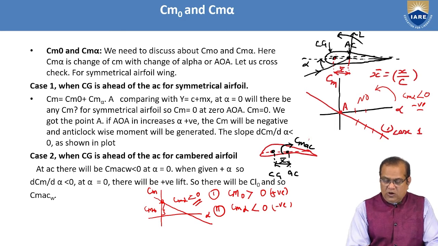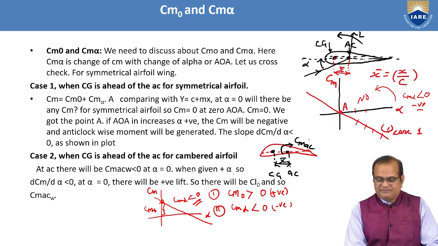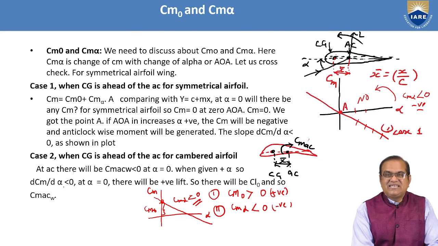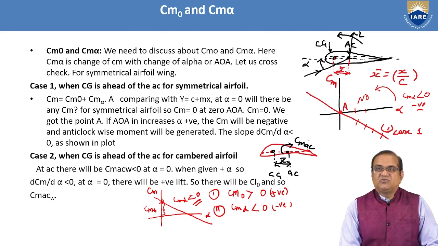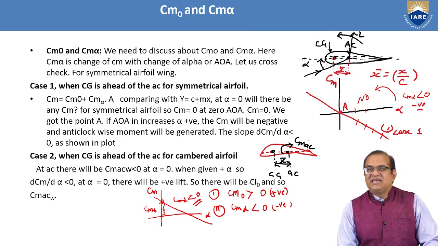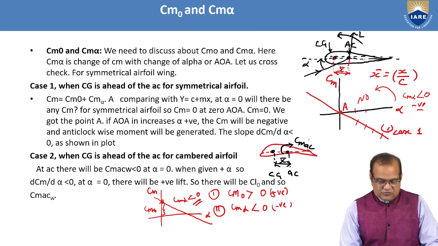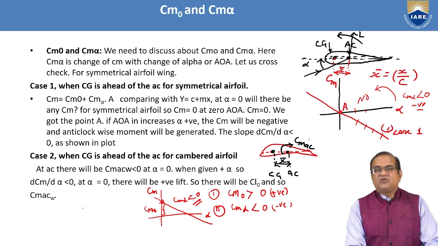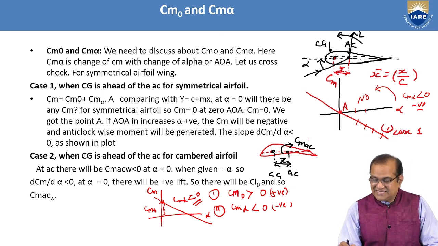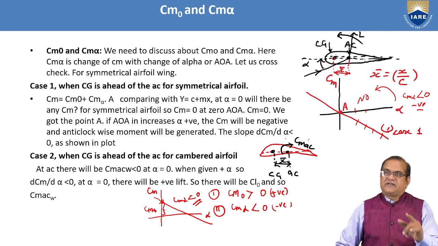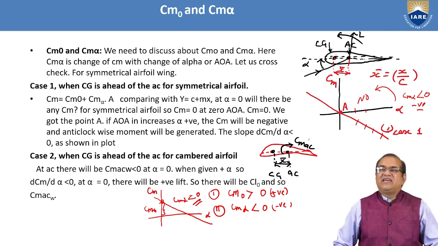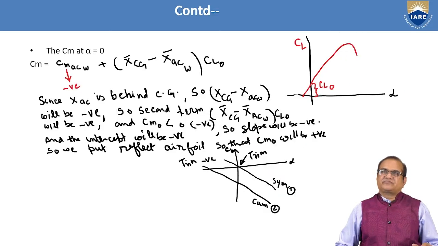So when given plus alpha, dCm by d alpha is less than 0 or negative, there will be a positive lift. So there will be a CL naught and so CMAC. Due to this camber, this CMAC will be present in the cambered airfoil, but in the symmetrical airfoil there will not be any moment in this case.